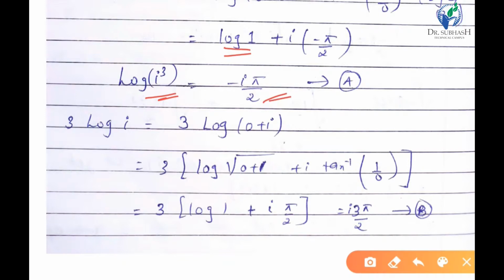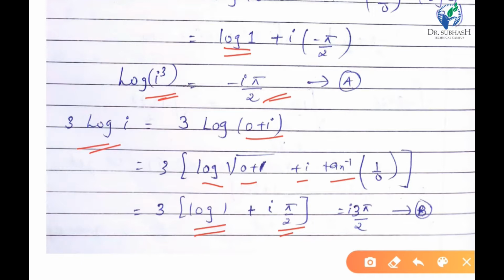Now we will take the other part, 3 log I. Now again log I can be written as log of 0 plus I. We will use formula 2, log of under root of x square plus y square plus I theta. Again this will become log 1 and theta will become pi by 2.